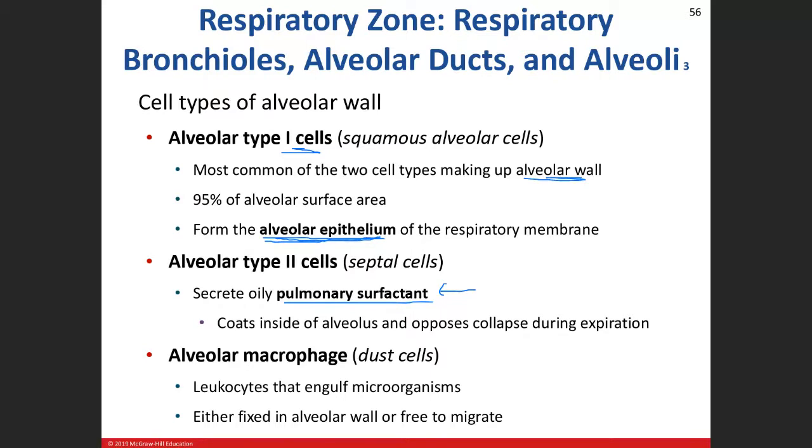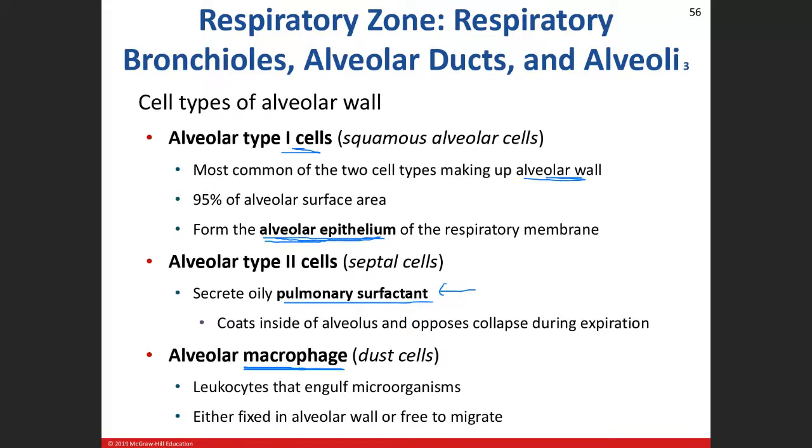So in that case, where they're not producing surfactant, we just give them steroids, and that will stimulate these cells to produce surfactant. And then the third type of cell are our immune cells, the macrophages. They'll roll through the alveoli region, because when you're breathing air in, if you live in the city versus the mountains, the air quality is going to be different.